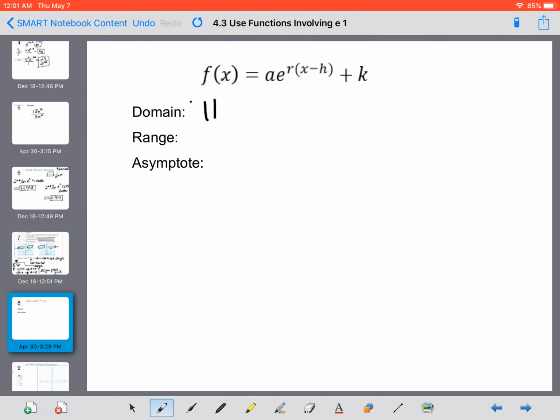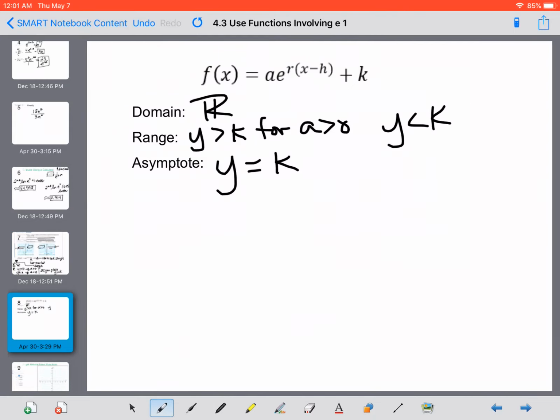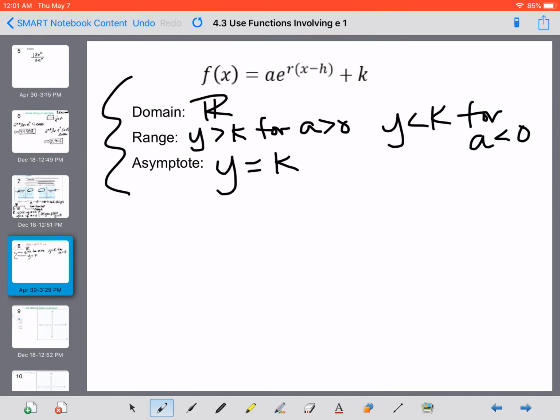Our domain, all real numbers, asymptote, y equals k, range is y is greater than k for a is greater than 0, y is less than k for a is less than 0, so negative. Okay, just make sure you have those in your notes so that you understand. These are the three things you need to have in your table to graph the exponential function.